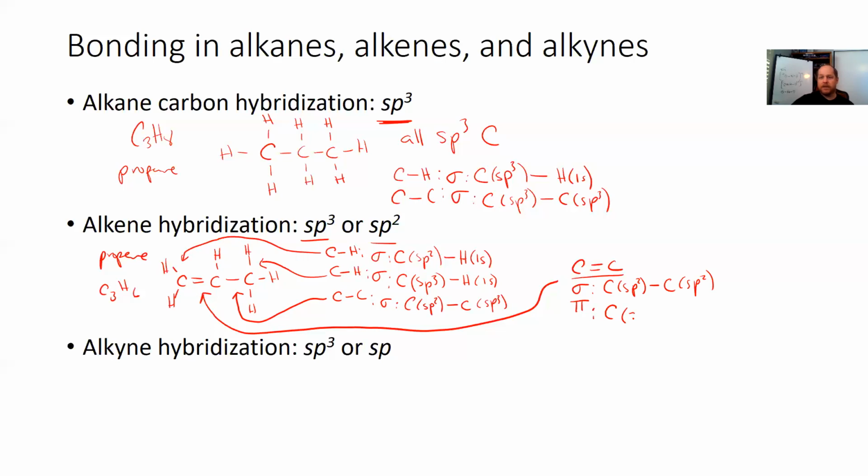Hopefully you remember some of this. You can label the 2p X, Y, or Z, it doesn't matter as long as it's the same as the next carbon's p orbital. So in both of those, the carbons themselves are either sp2 or sp3.